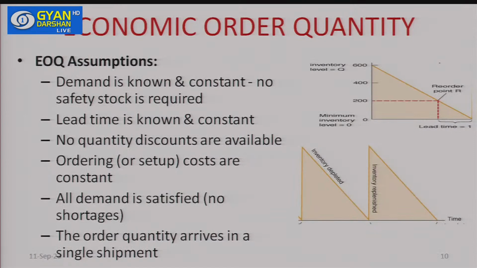Now, economic order quantity is basically a quantity which is determined to decide the optimum quantity of inventory which we want to hold. In this model, there are certain assumptions: demand is known, we do not require safety stock, lead time is known and it is constant, but in reality it is not constant.